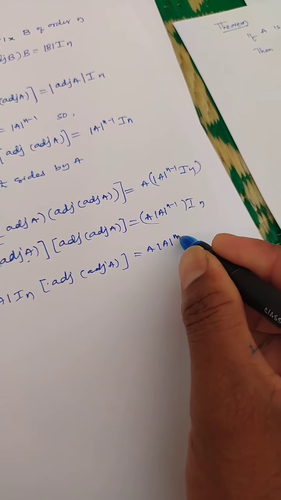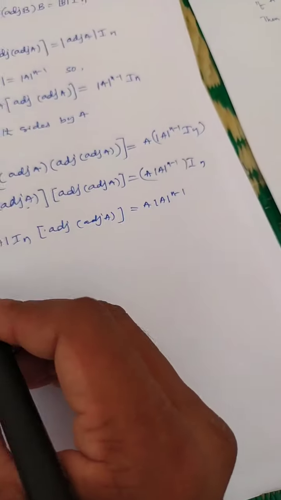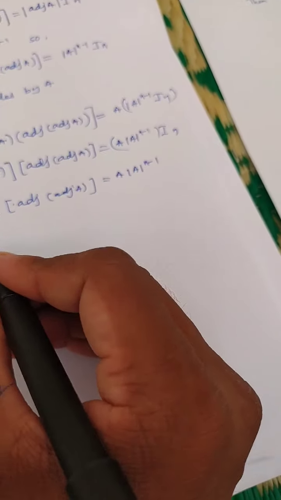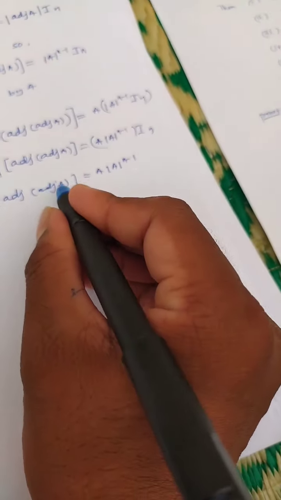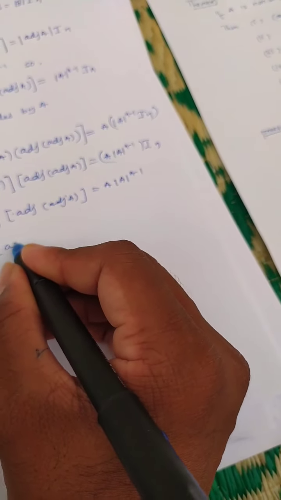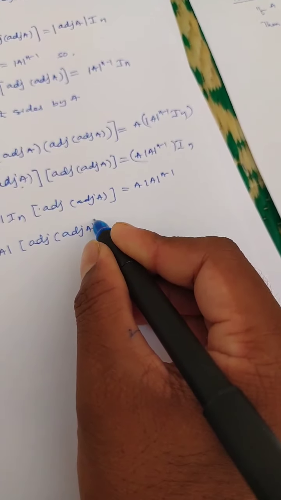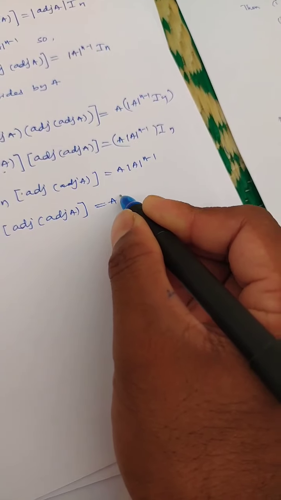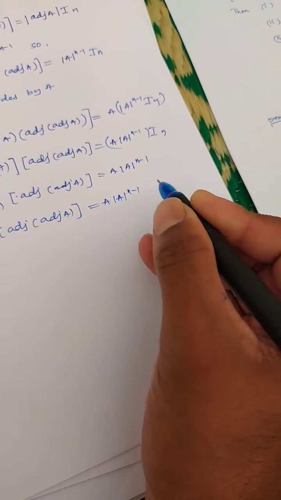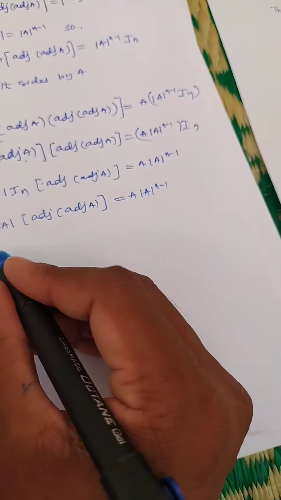Identity matrix, no? Identity matrix into any matrix gives again the same matrix. Again In into adjoint A, here det A into adjoint of adjoint A is equal to A into det A whole power n minus 1, right? In matrix into any matrix, again the same matrix you will get.